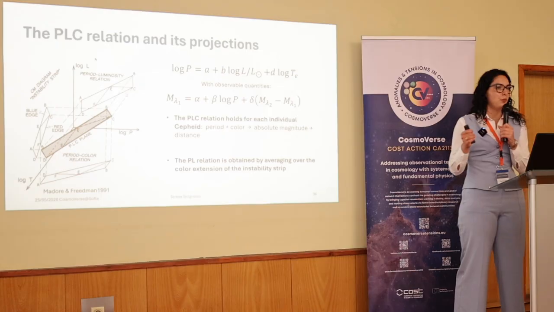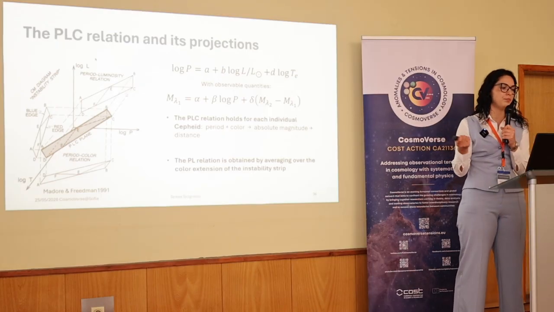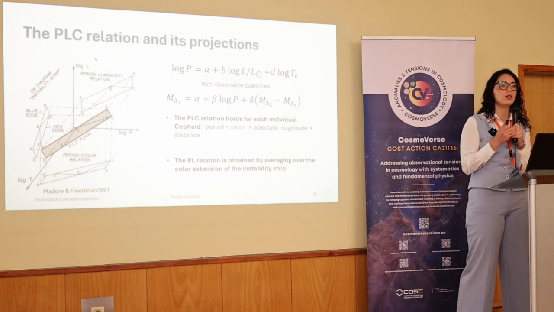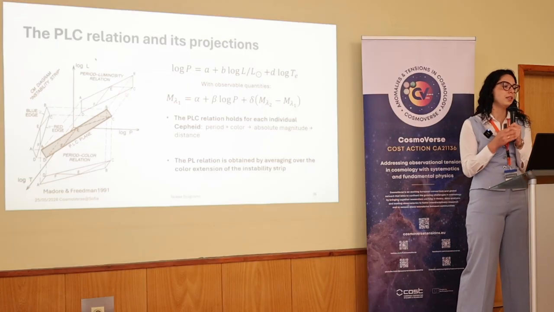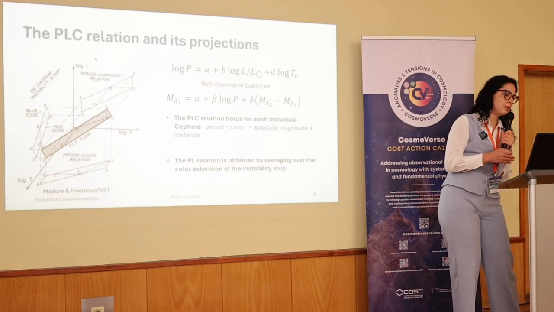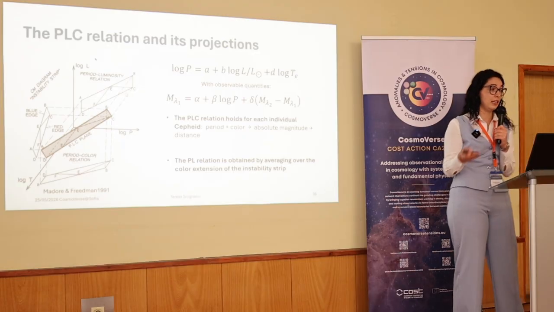But we don't use the period luminosity color relation in the extragalactic distance scale because the color is causing more systematics and is entering with some problems. For this reason, we prefer to use first the period luminosity relation, and later I will introduce another relation.